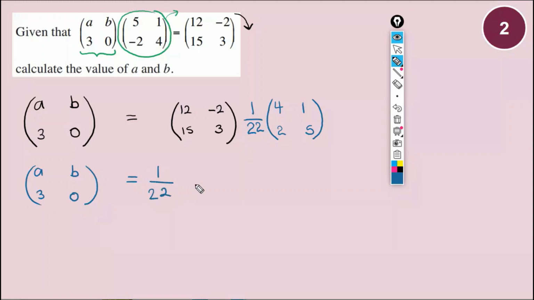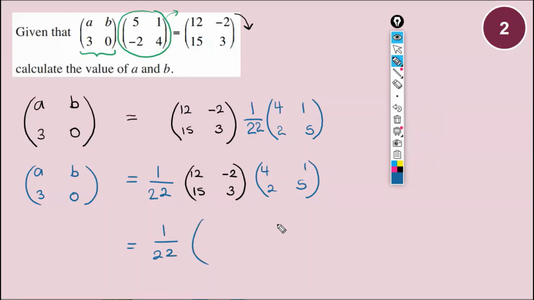Pull it in front here, and then you all know what to do. Take the black matrix and multiply by the bluish matrix. Finish it up from there.